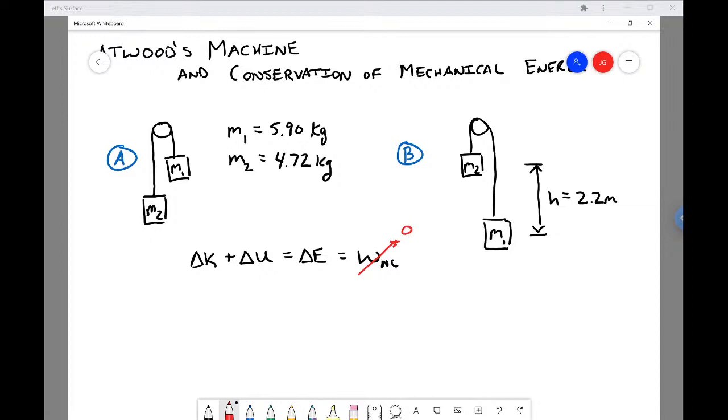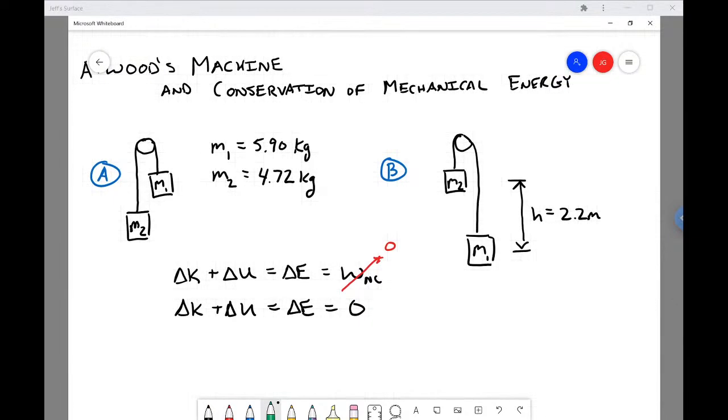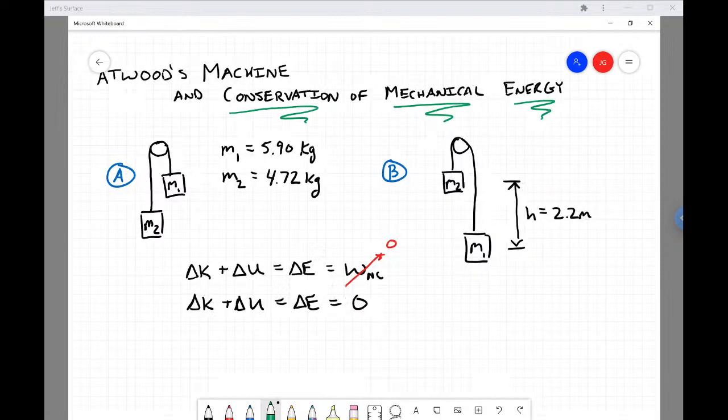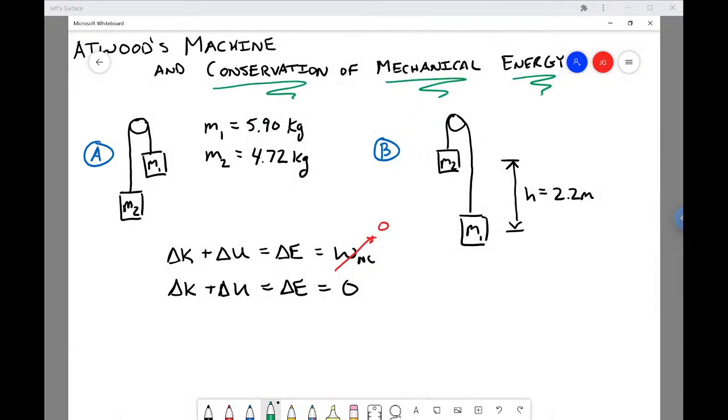So I'm saying that in this case, let's assume that those forces are negligible, which means the change in kinetic plus the change in potential, which is the change in total mechanical energy, is equal to 0. This is the condition referred to as conservation of mechanical energy. Conservation because the sum total of mechanical energy, U plus K, doesn't change.